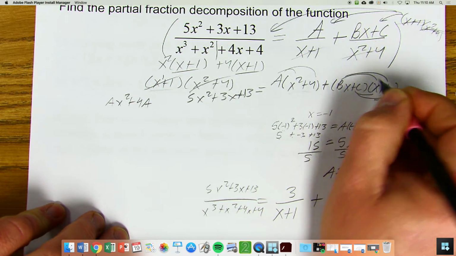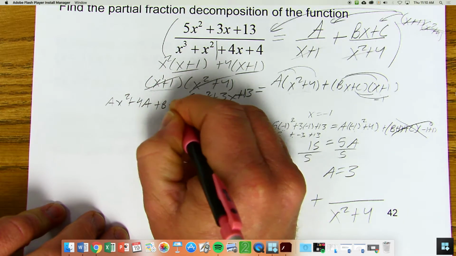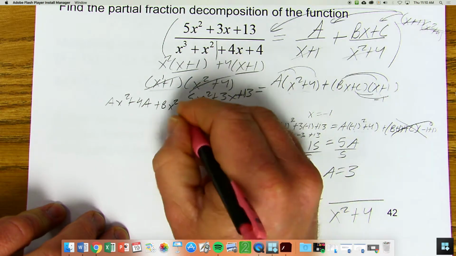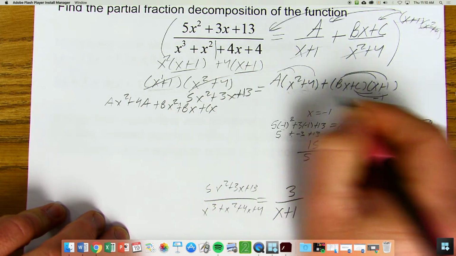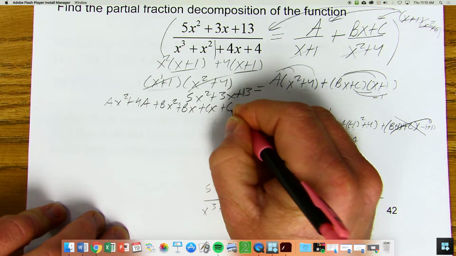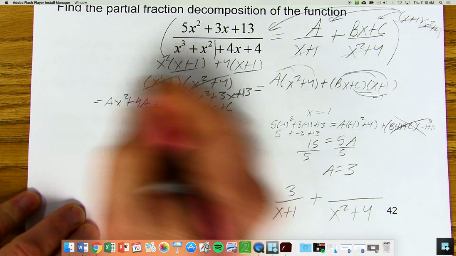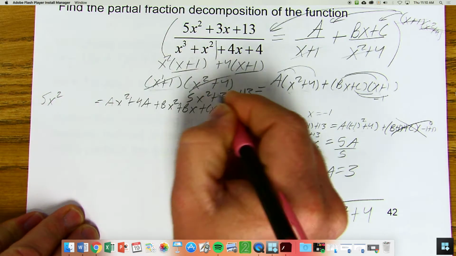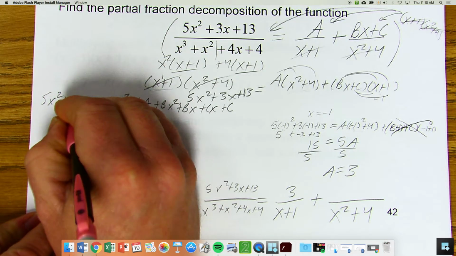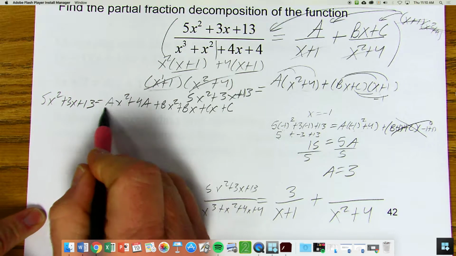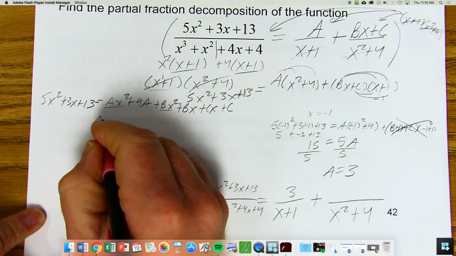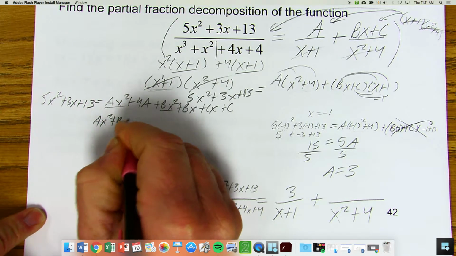It's going to give us bx squared plus bx plus cx plus c, and that's all equal to 5x squared plus 3x plus 13. Okay? So now we get our x squareds together. So that's ax squared plus bx squared.